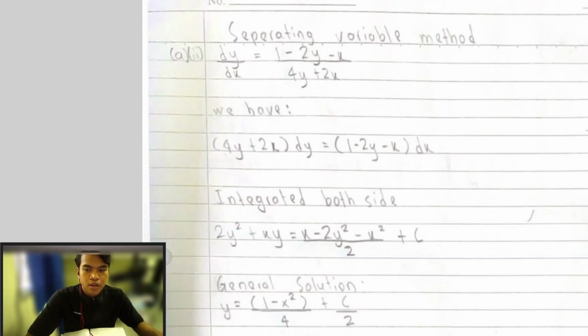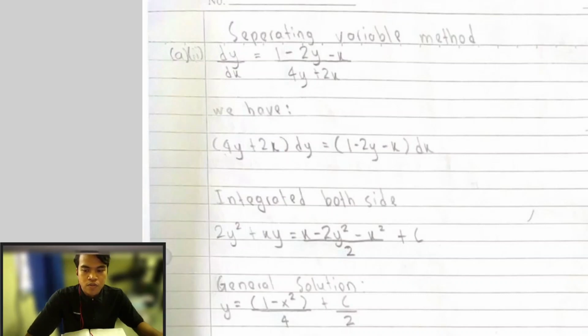Then we obtain 2y power of 2 plus xy equal x minus 2y power of 2 minus x power of 2 over 2 plus c, where c is an arbitrary constant of integration.